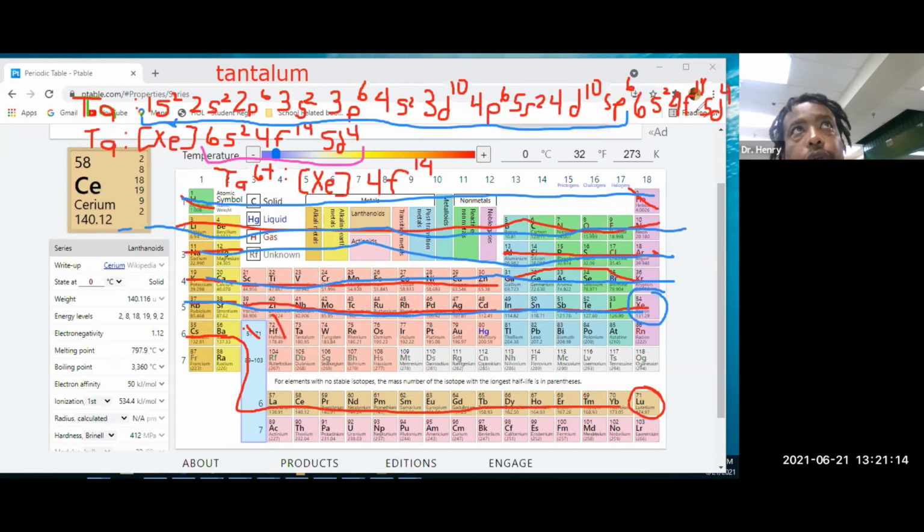The only ones that you can use are the ones here in pink. So these guys are called valence electrons, and these guys would be your core electrons.